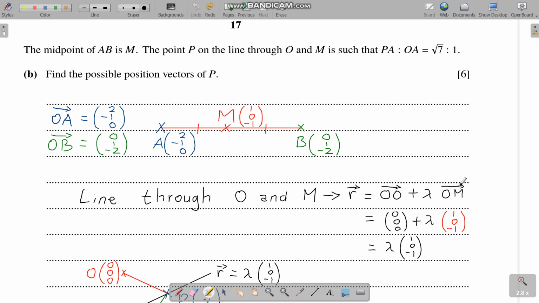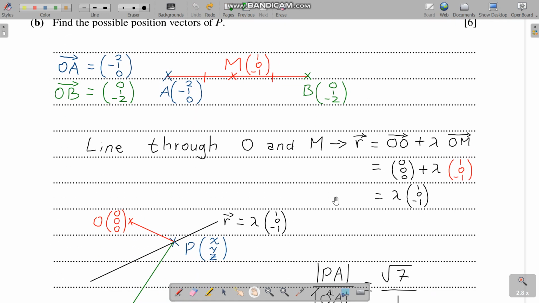For the line direction, we can use OM or MO. Here we are using OM, which is the coordinates of M, which is 1, 0, minus 1. So in simple form, the vector equation of the line through O and M is just this.